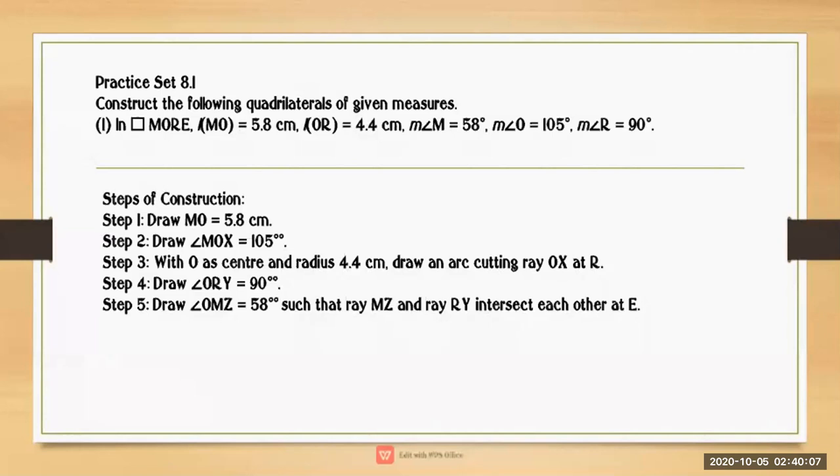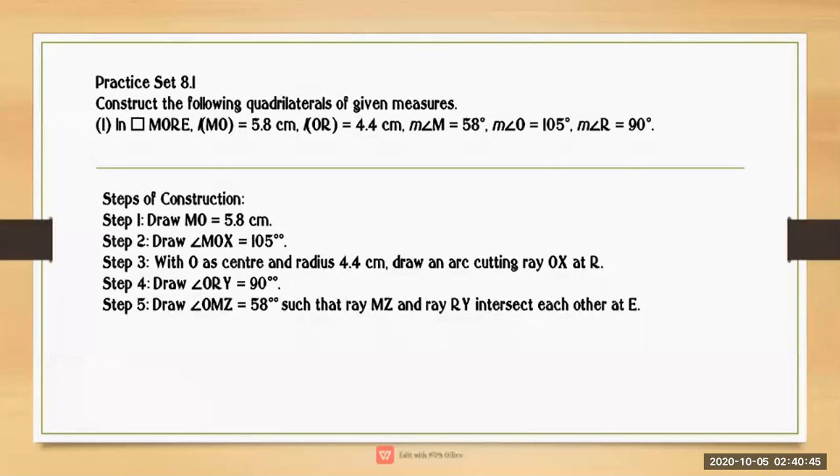Now here first we will draw a rough diagram. First listen to the question. Construct the following quadrilateral of the given measure. Now, quadrilateral MORE. Whenever we are constructing a quadrilateral or any type of triangle, we have to write in capital letters only. So in quadrilateral MORE, line MO is how much? 5.8 centimeter.